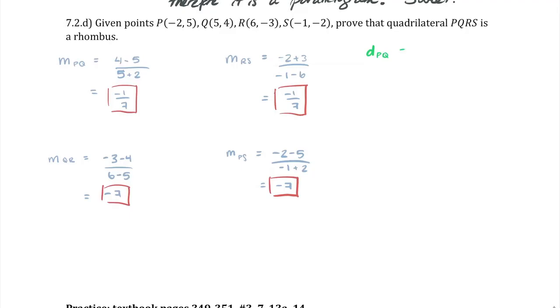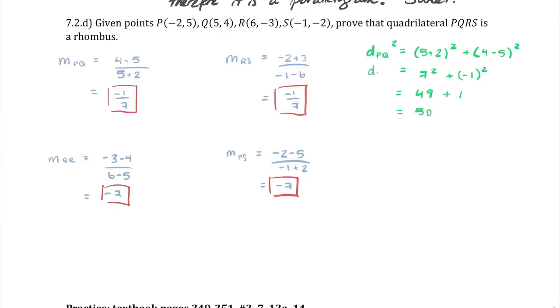So we are going to go ahead and find the distance of PQ. And you actually know how to find this distance like what we did in the last unit, right? Our distance was like the hypotenuse of a right angle triangle, which is our change in our x's squared plus our change in our y's squared. And we can find that 7 squared and negative 1 squared gives us 49 plus 1, which gives us 50.